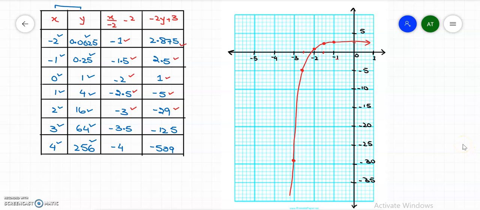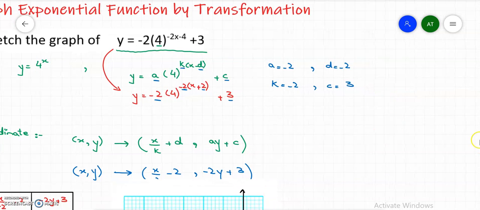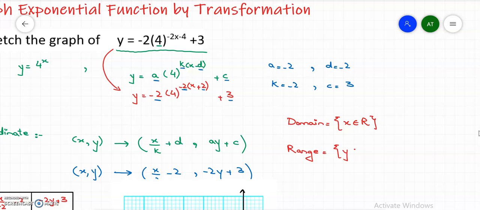Let me state the domain, range, and the horizontal asymptote as well. Moving to the equation, the domain of an exponential function is always the set of real numbers, so x belongs to real numbers. The range of an exponential function is y less than c, or y greater than c.